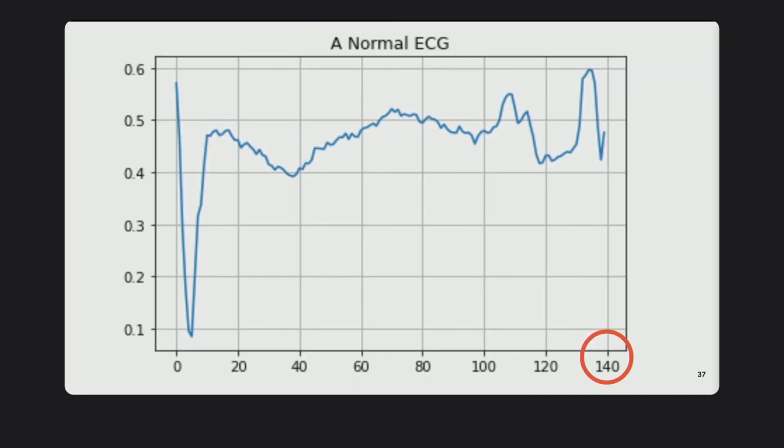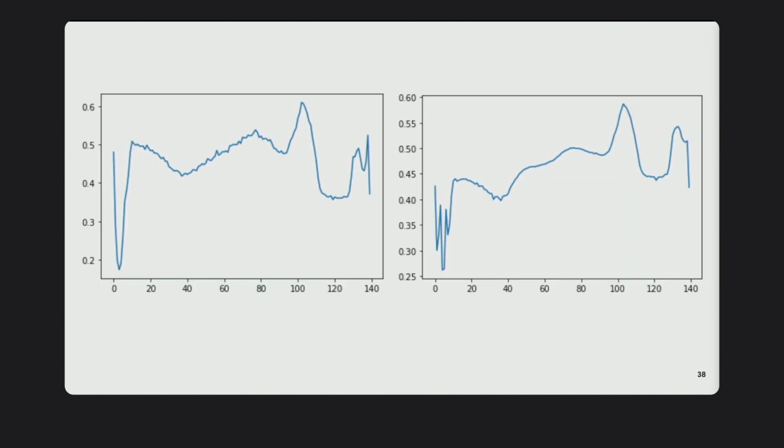Okay, here we go. So remembering it was those 140 data points in a normal ECG. Here's a normal ECG on the left, those 140 data points between 0 and 1. That got compressed into 8 bytes. Those 8 bytes were then reinflated into another 140 bytes, and you can see them on the right. So this was how we got a normal ECG and compressed it and reinflated it.